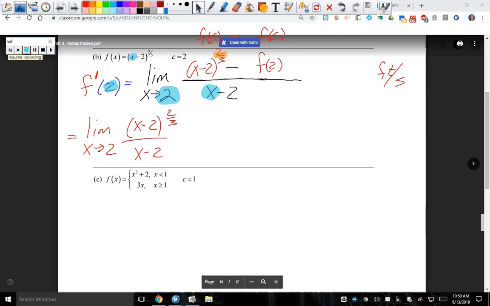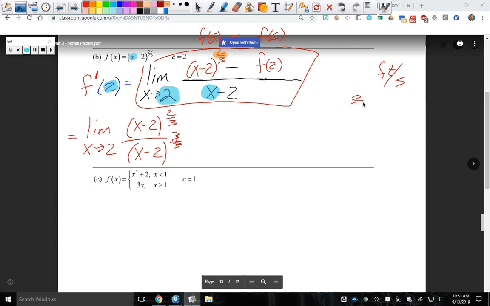Here we go. Here's the equation. We built the equation for the alternative form, which is f of x minus f of c over x minus c. We get to here. We know this is all to the power of 1, otherwise 3 over 3, however you want to look at this. And we know powers, if they're subtracting, it's going to be 2/3 minus 3/3, which gives you a negative 1/3.